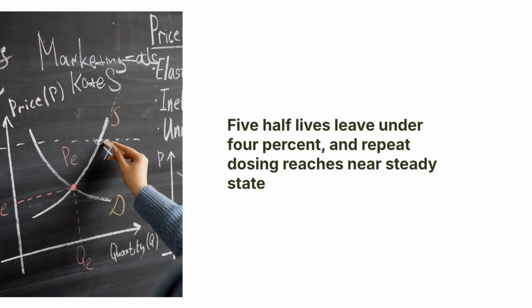After n half-lives, the fraction remaining is 1/2 to the power n, so 5 half-lives leaves under 4%. On repeat dosing, accumulation reaches about 96.875% of steady state after 5 half-lives. The same working figure helps estimate washout.